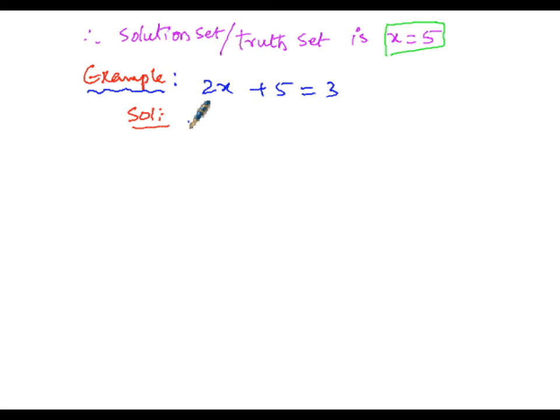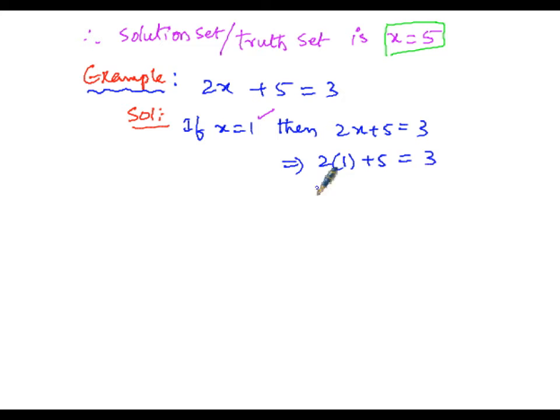In case x equals 1, then 2x plus 5 equals 3 implies, x must be replaced by 1, then 2 into 1 plus 5 equals 3 on the right hand side, that implies 2 plus 5 equals 3. Both are positive, so plus of plus is plus, let us add up, 5 plus 2 is 7, and 3 is also positive, but the condition is not true, so it is false.